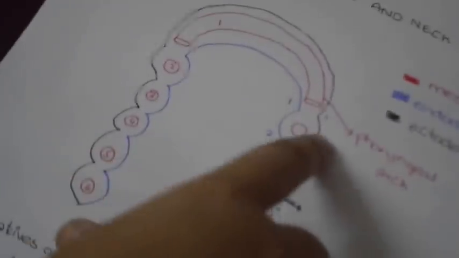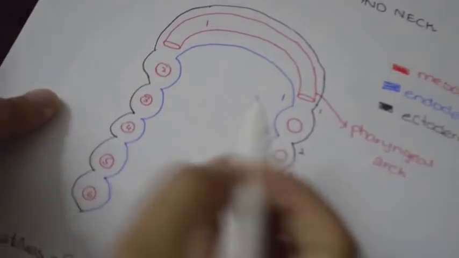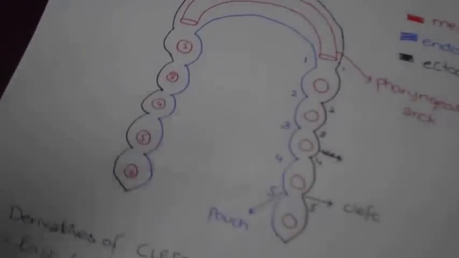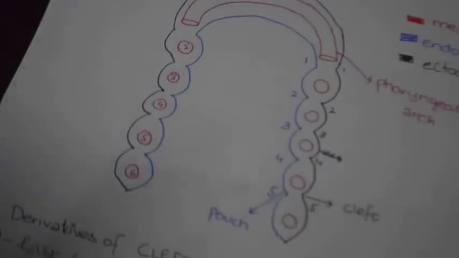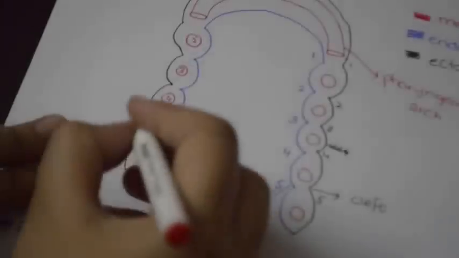Moving forward to the last drawing that we made, the last diagram that we made. The fifth pharyngeal arch is completely regressed in human beings, so we'll not be discussing this one, obviously.